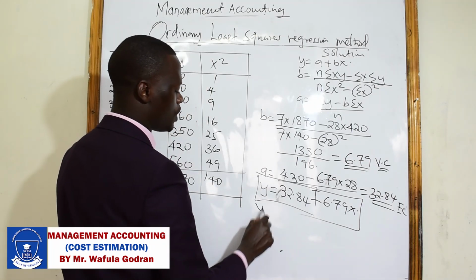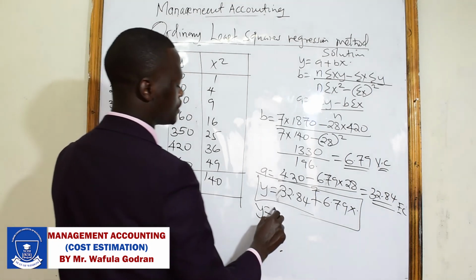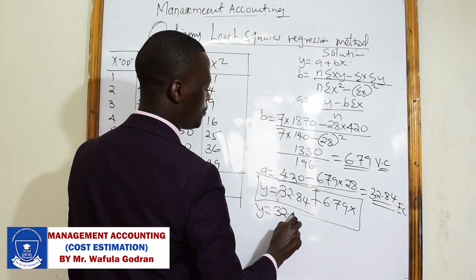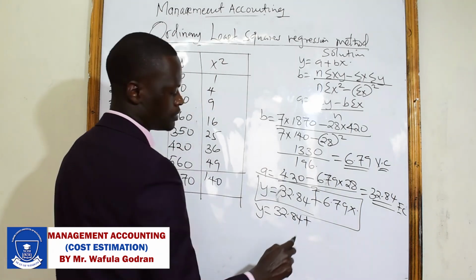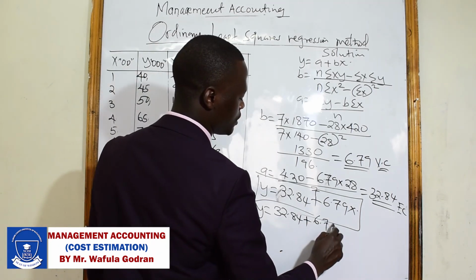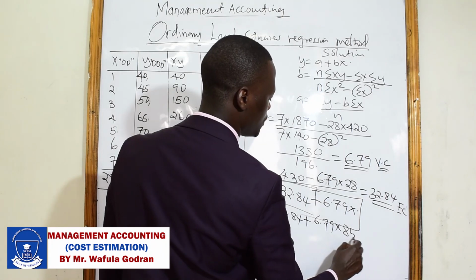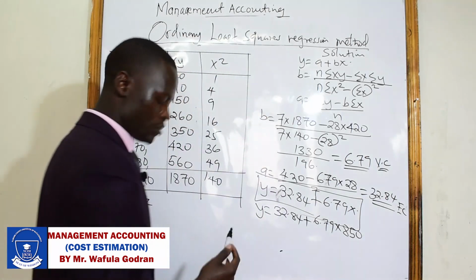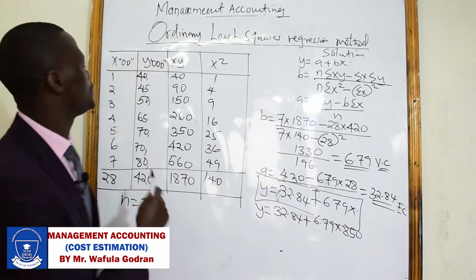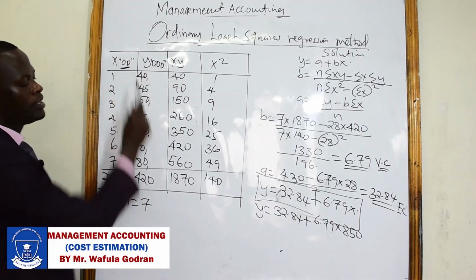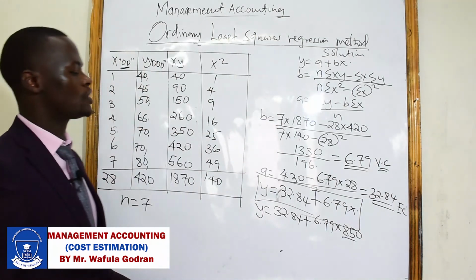We will come and say y is equal to A, which is 32.84 plus 6.79 times what? 850. Now, one thing you need to know is x, we had some zeros up here. So those zeros, they have been taken by that 850, it has no problem.